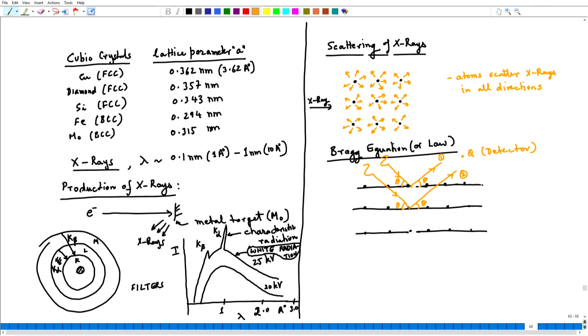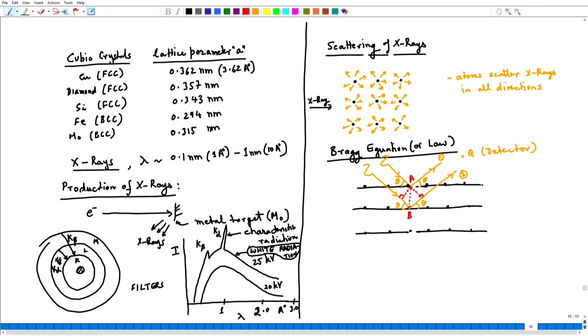We can do the following construction now. Let me drop a perpendicular, let us say I will call this point A and this point B. So, I am dropping a perpendicular from point A onto ray 1, and from the same point I am also dropping another perpendicular onto ray 2.